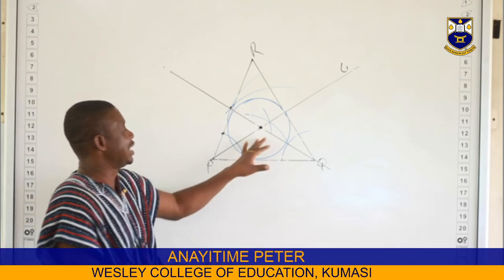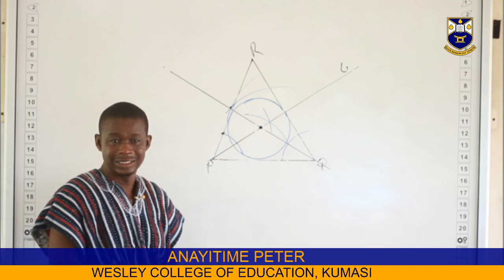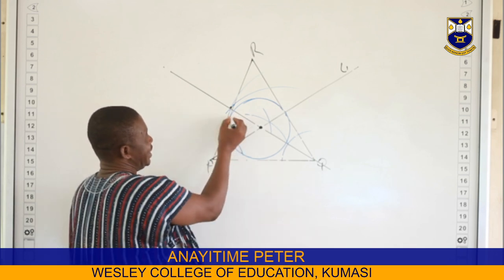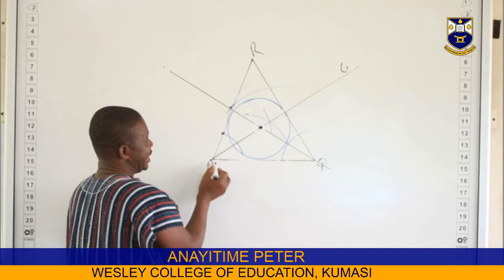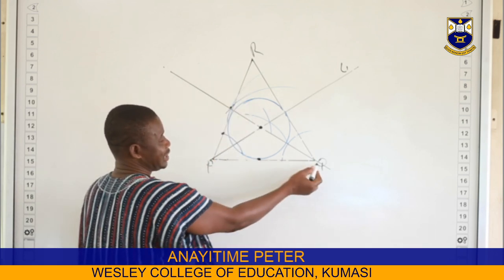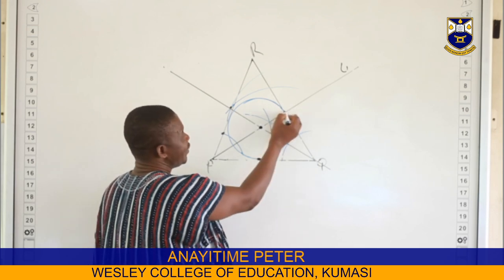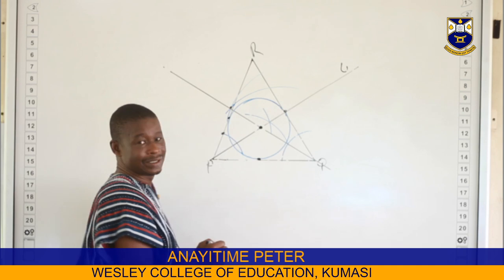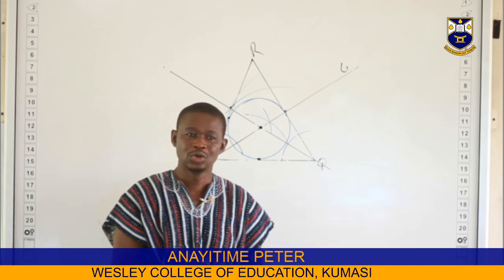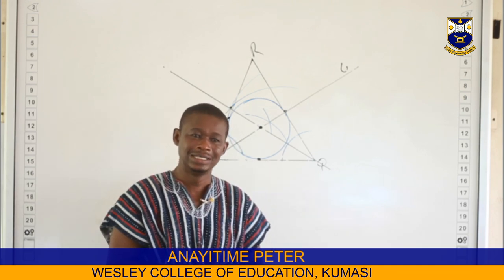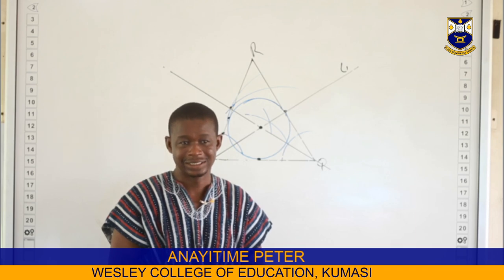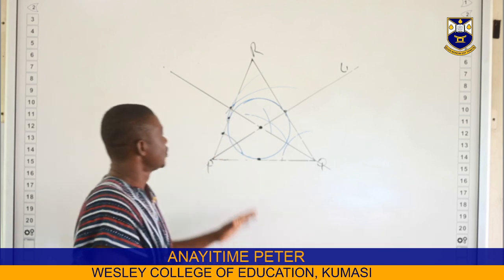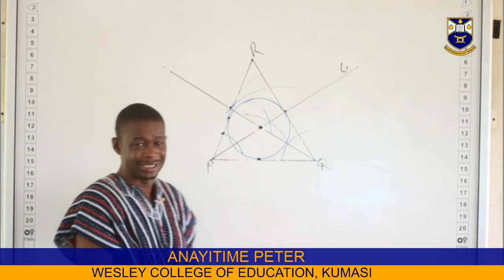So this is the incircle. You could see that the circle is touching line PQ over here, it is touching QR over here, and it is touching PR over here. So that is the incircle.